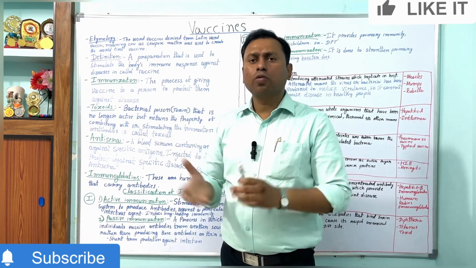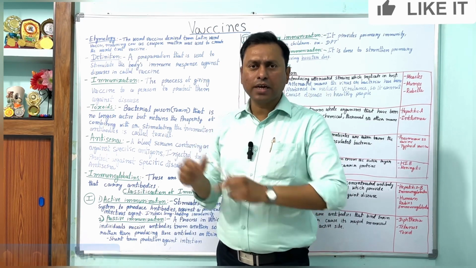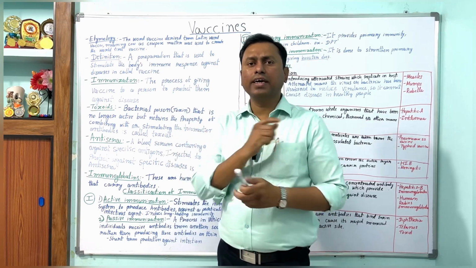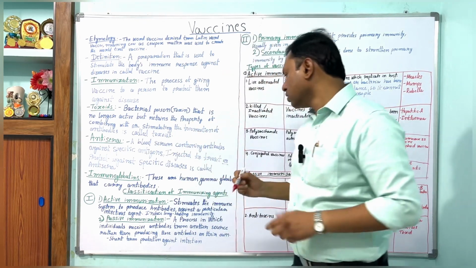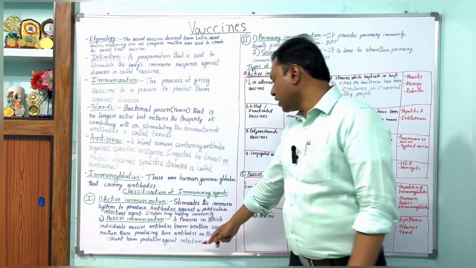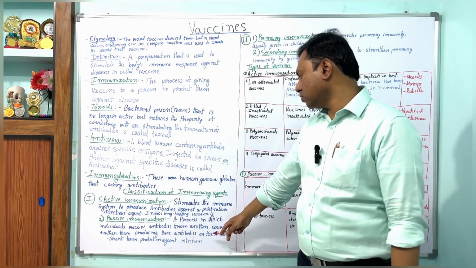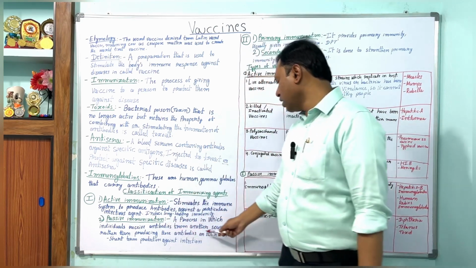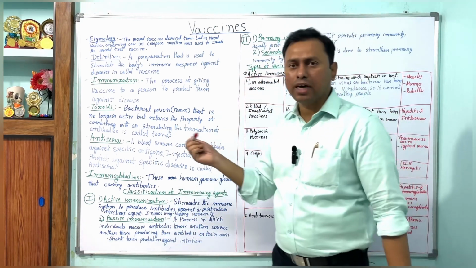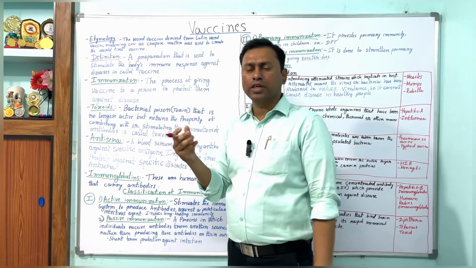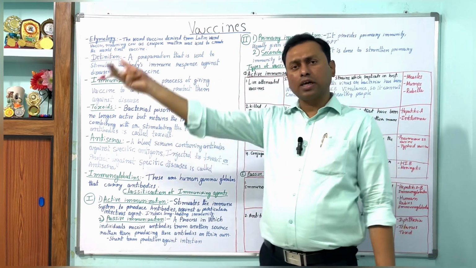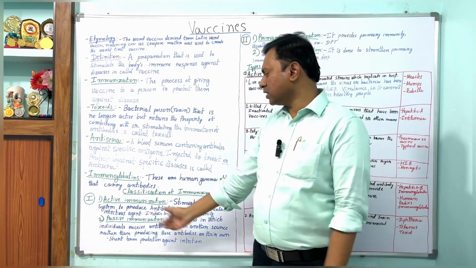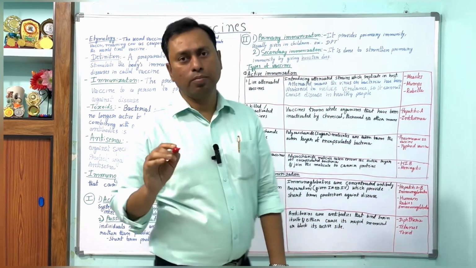The person's own antibodies are not produced; we take antibodies from some other source and inject them. This is a short term protection against the infectious disease, and this is called passive immunity.